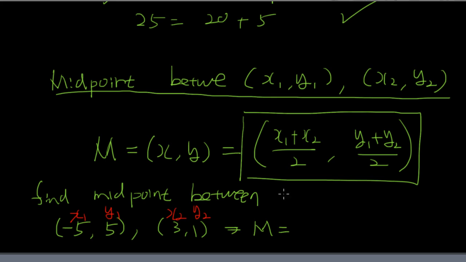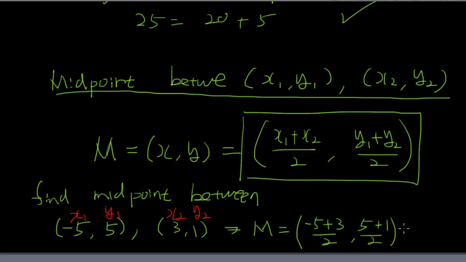So x is -5 plus 3 over 2, that's the x value. And y is 5 plus 1 over 2, that's the y value.